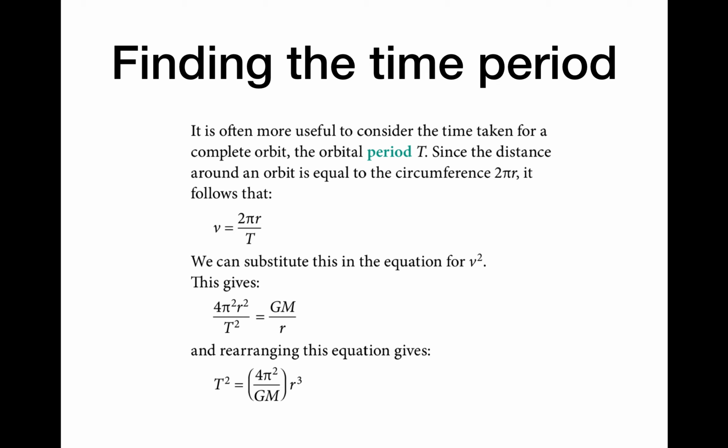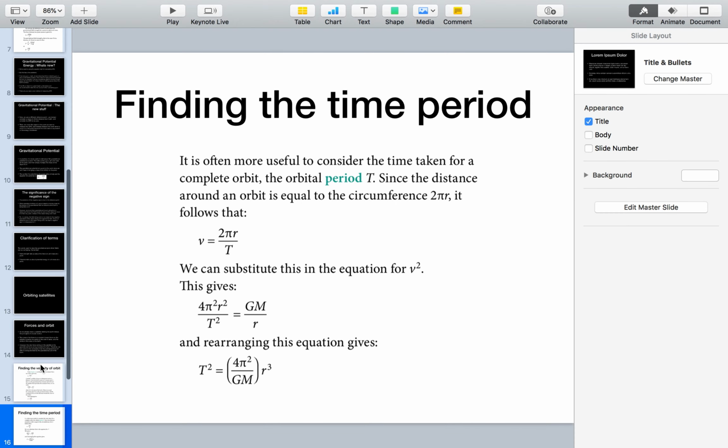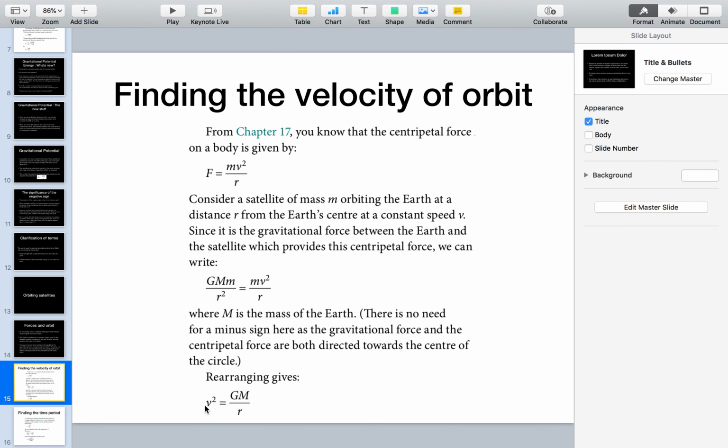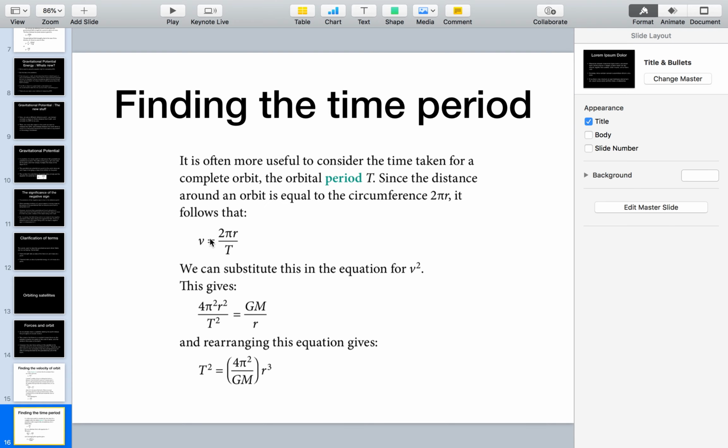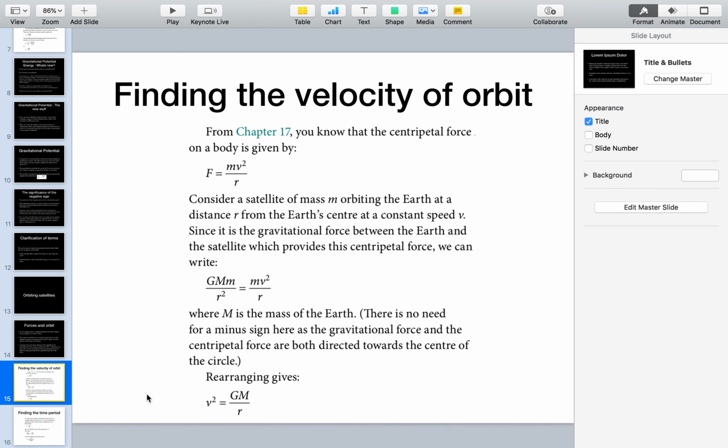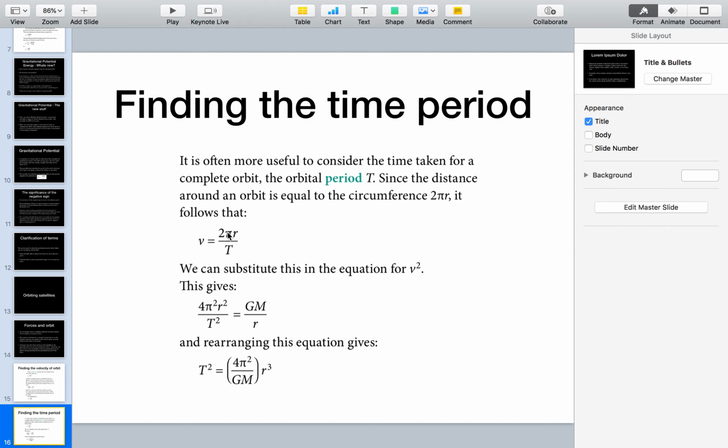Now from the previous equation, we know v square is equal to GM over r. V is also 2 pi r upon T. So we put this value of v in this equation, we square it and then we equate it to GM over r. So once we square it, we get 4 pi square r square over T square is equal to GM upon r.